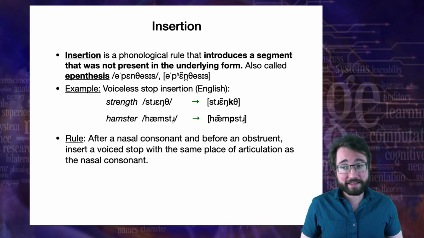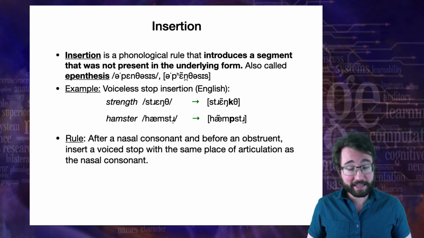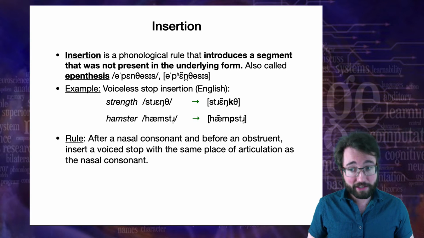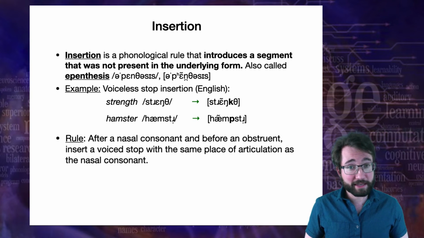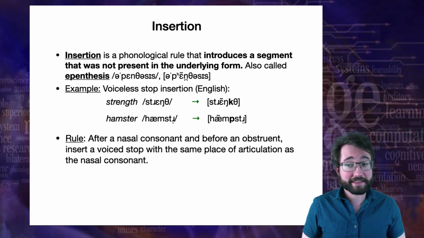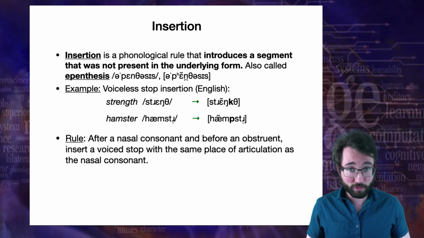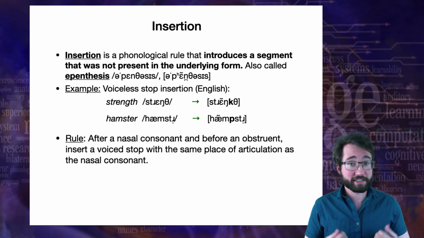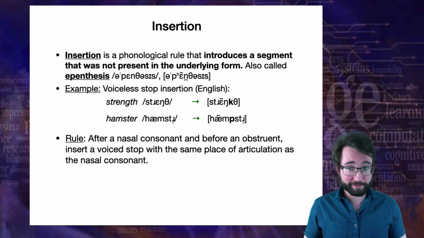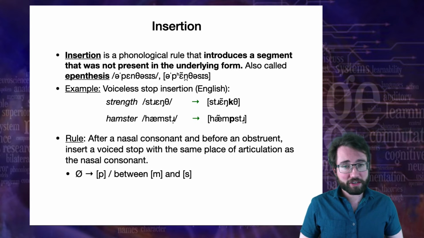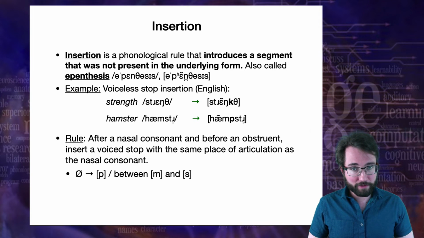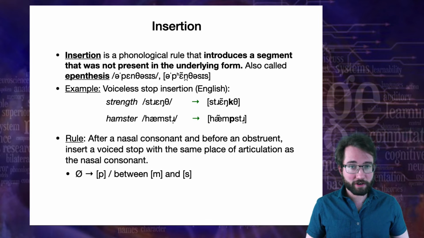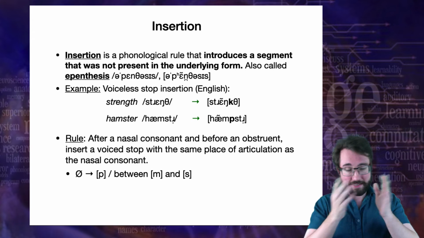So the rule here is that after a nasal consonant and before an obstruent, you insert a voiceless stop with the same place of articulation as the nasal consonant. This is a rule that exists in English, and it gives you things like strength and hamster. Here's how you would write that rule. Now, the phonological rules we've been writing so far all look like some phoneme is realized as some sound.